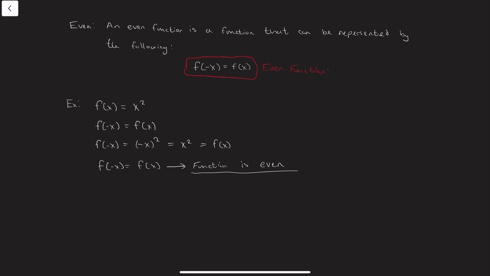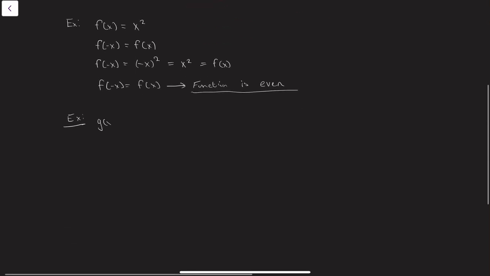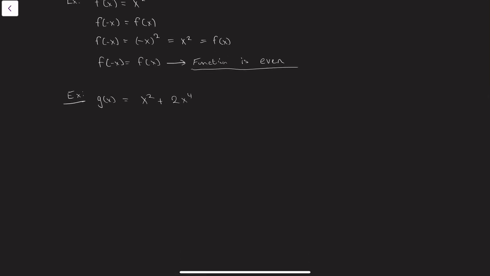Pretty straightforward. Let's look at another example. Say we have g of x equal to x squared plus 2x to the 4. Great. So for g of x to be an even function, we need g of negative x to equal g of x. So again, plugging in negative x to every place where there is an x, we have negative x squared plus 2 negative x to the 4.